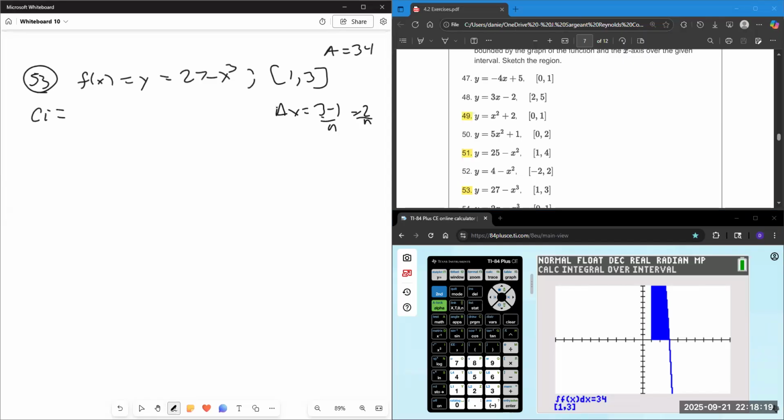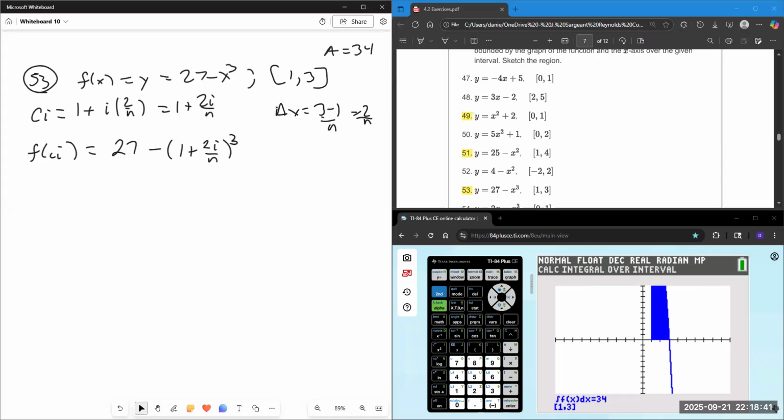Ci is 1 plus i delta x, 1 plus 2i over n. F of Ci is equal to 27 minus 1 plus 2i over n to the third.